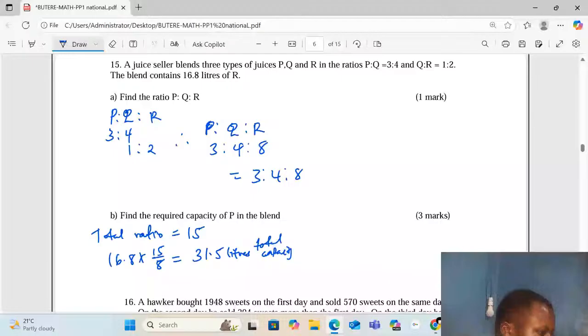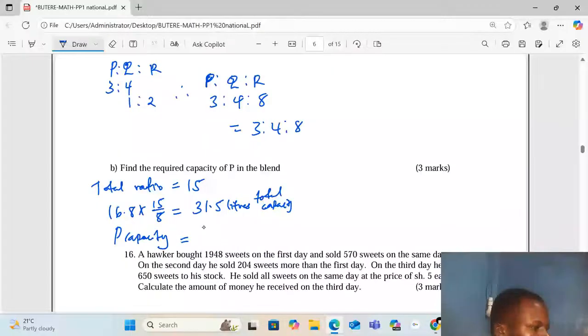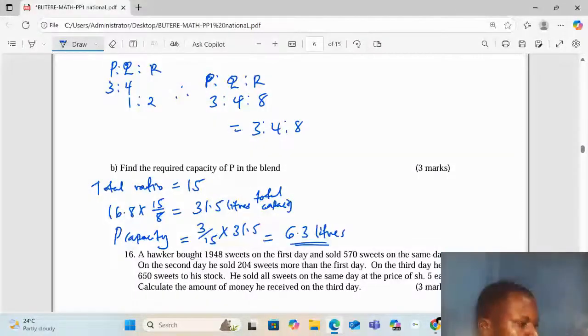31.5. Now we look for the capacity of P. P capacity now becomes 3 over the total, so that we arrive at 6.3 liters.